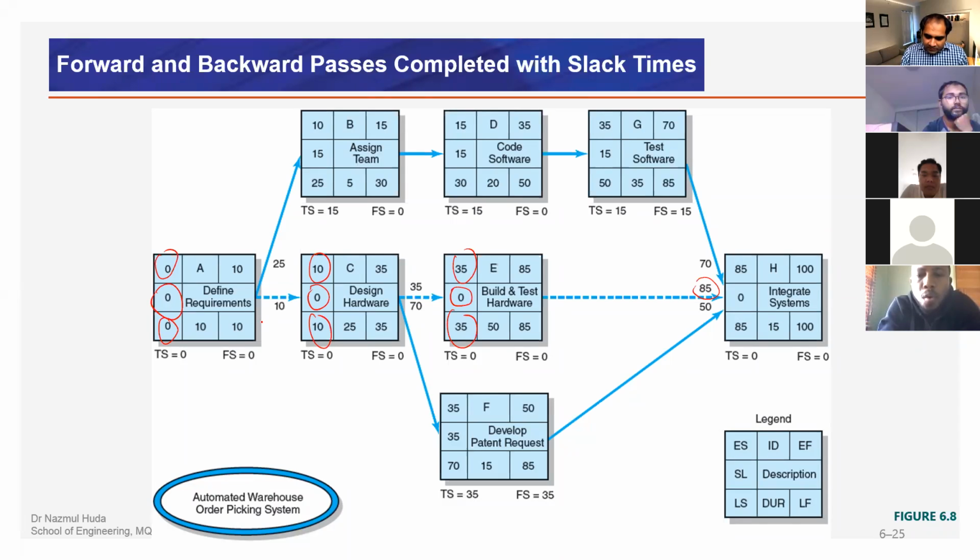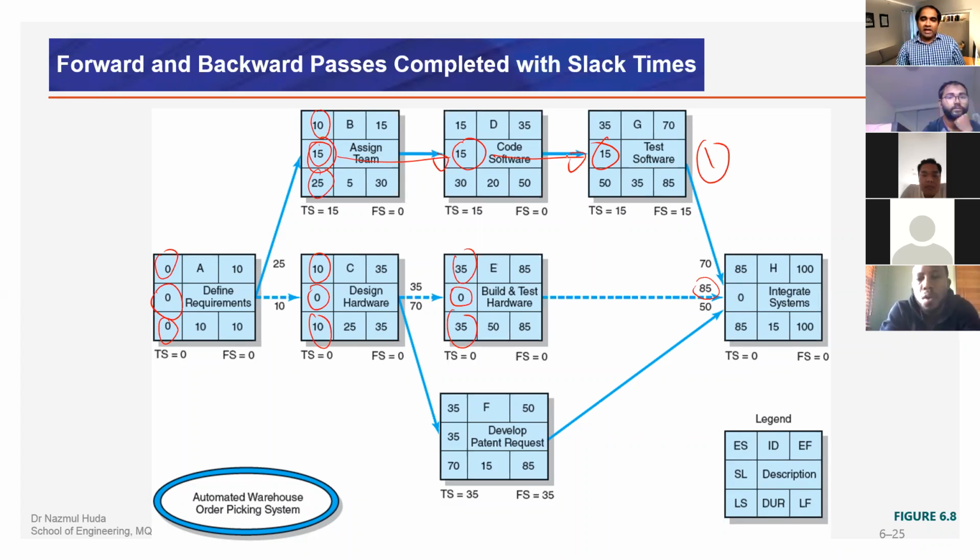Now in chain 1, if you look at the first activity, activity B, we can see there is a slack of 15 days. This is the total slack, and if we don't use those 15 days, it will be carried over to the next activity.